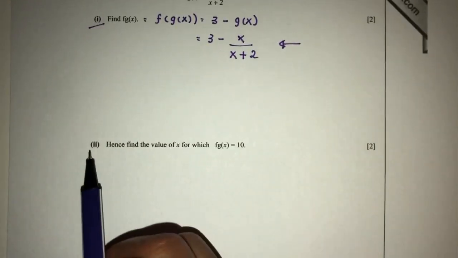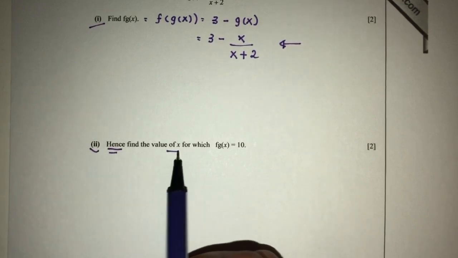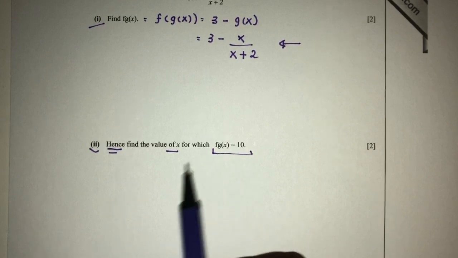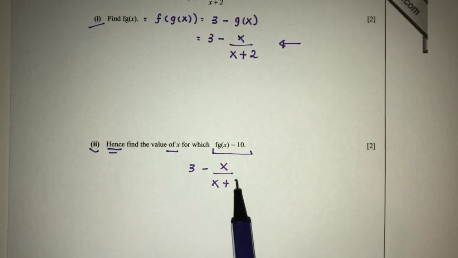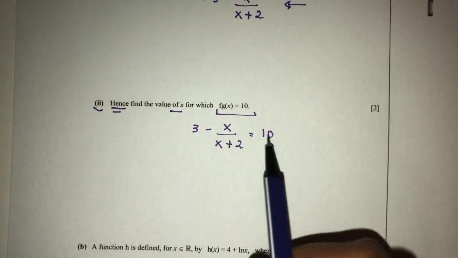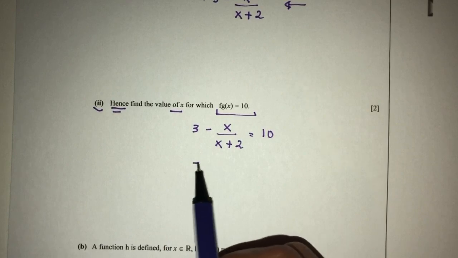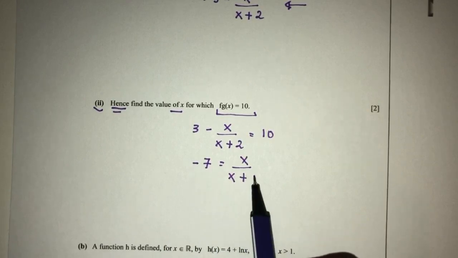Now for part 2, hence, so using that answer, find the value of x for which this is true. So we have this here already, which is 3 minus x over x plus 2 has to be 10. So simplify, send this over here and this over here. 3 minus 10 will be minus 7, that will be x over x plus 2.